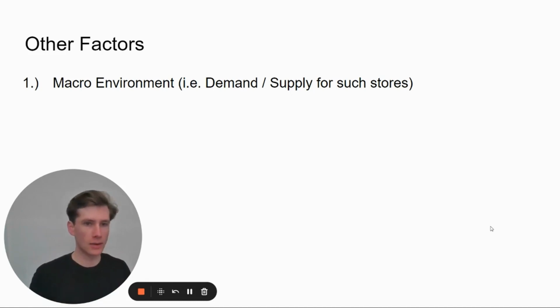But anyway, another factor is obviously the macro environment. There is just demand and supply for such stores, and this asset class of small e-commerce stores changes over time. Of course, interest rates and everything going on in the macro environment have a direct influence on valuations, on all valuations, e-commerce stores not being excluded here.